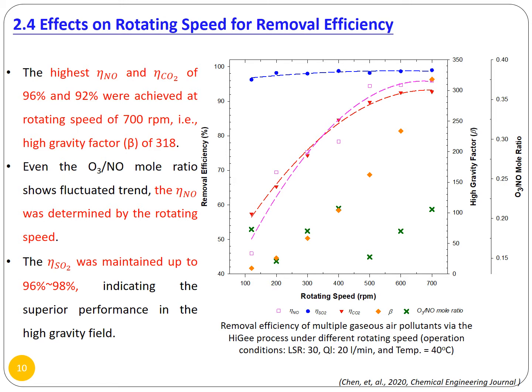When we increase the high gravity effect, the removal ratio can exceed 90%. In contrast, the removal ratio of SO2 remains at 96 to 98%. We can say the high gravity effect cannot increase the performance for SO2 because this pollutant is easy to absorb.